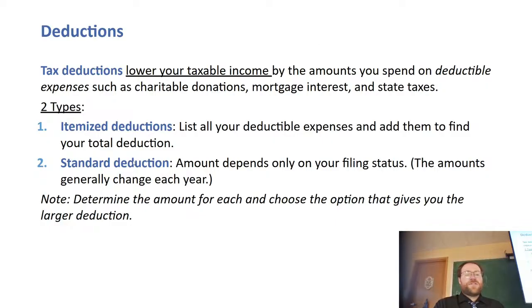Most people take the standard deduction, which I believe was that 14,250 number from that example. But if your charitable donations, mortgage interest, and state taxes are above that number, you can actually get more by itemizing or claiming more than the standard.